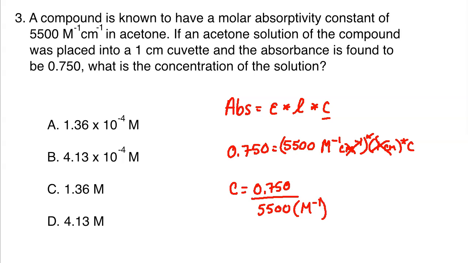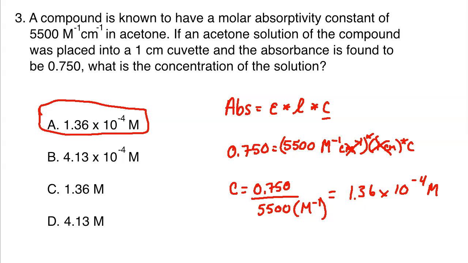All right, and then what you end up with is a concentration. And if you plug this in to a calculator or you get a rough estimate of it, you should find 1.36 times 10 to the negative 4th molarity. And that is the best option here.